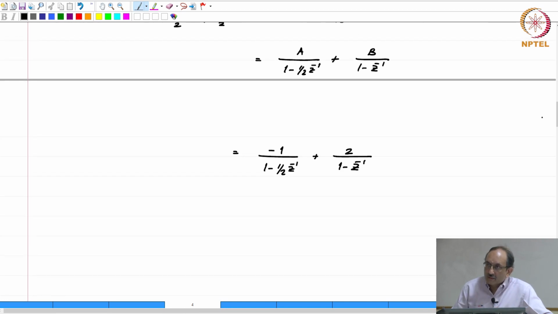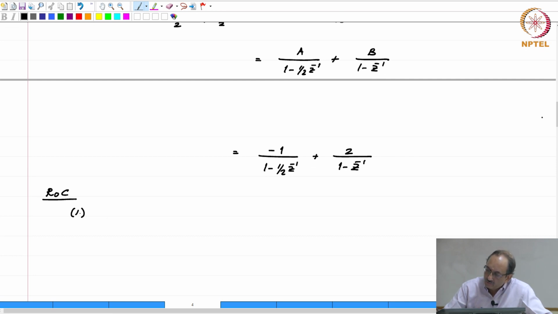And the next step is of course to find the time domain sequence, but to do that you need ROC information. So, it is very important to realize that at this point you cannot find out what the time domain sequence is unless you are given the ROC, and clearly there are 3 different possibilities here.